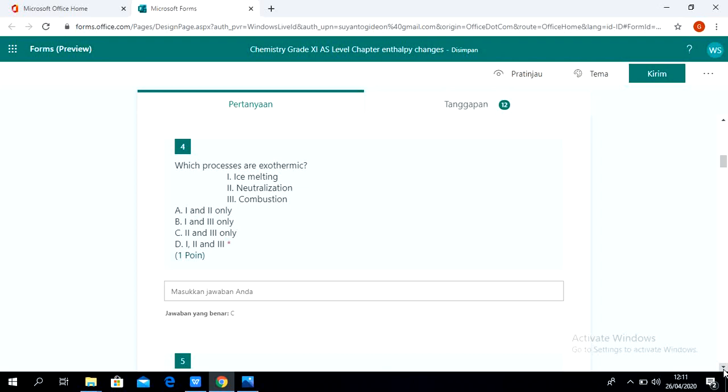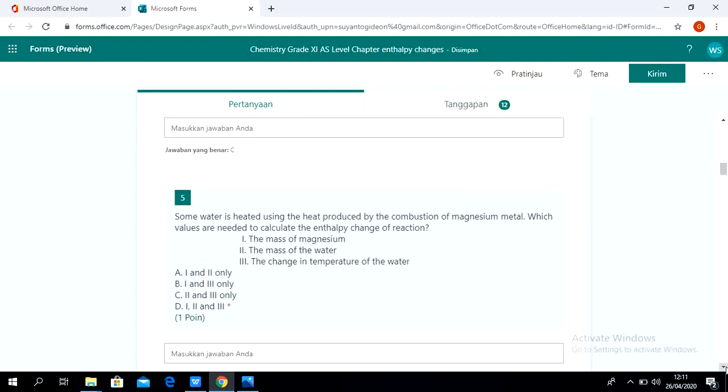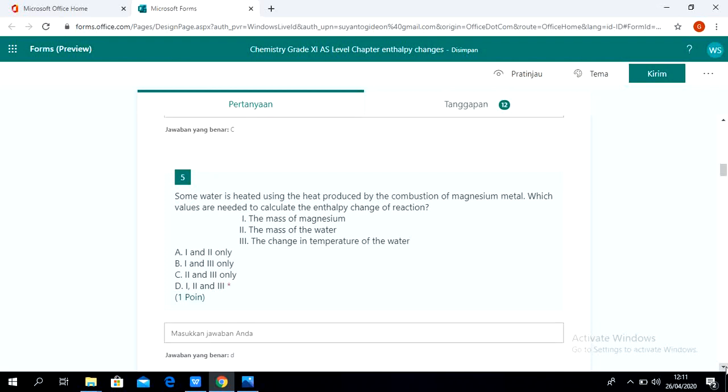Okay, next question. Some water is heated using the heat produced by the combustion of magnesium. Which values are needed to calculate the enthalpy change of a reaction? We know that enthalpy change is Q, which can be calculated from the formula Q equals mc delta theta.